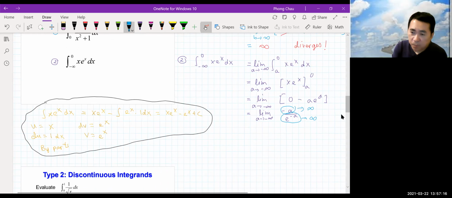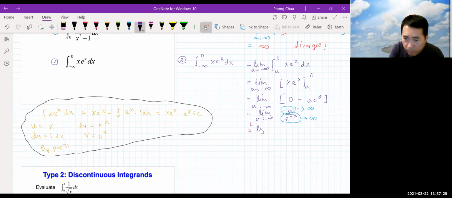Since numerator and denominator both approach infinity, we can use L'Hopital's rule to finish. Take the limit as a approaches negative infinity.